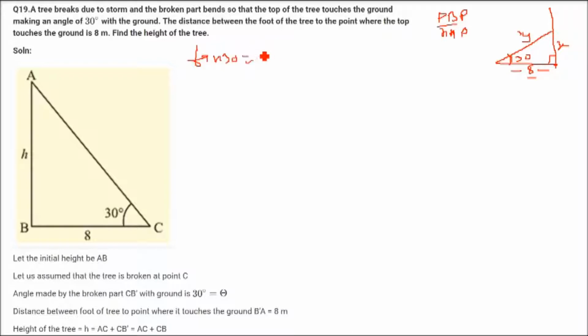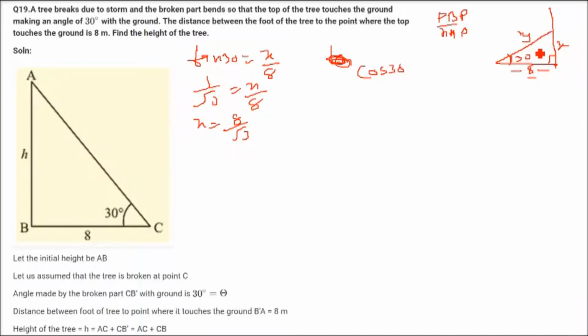So first we will take the tan of 30. Tan 30 is x by 8. Tan 30 is 1 by root 3. It is x by 8. So you get x as 8 by root 3. This is our first x. Perpendicular by base we have already taken. So now we have the hypotenuse and base. Base and hypotenuse come with cos 30.